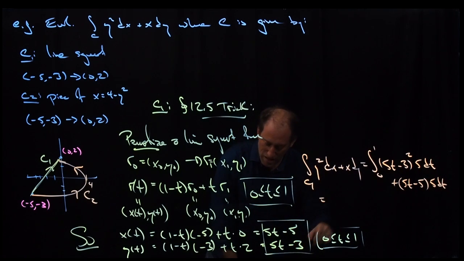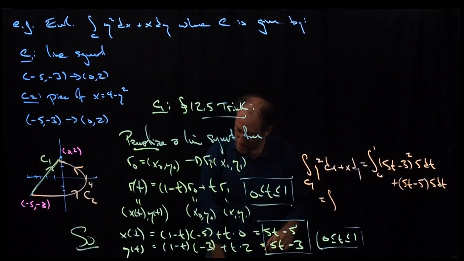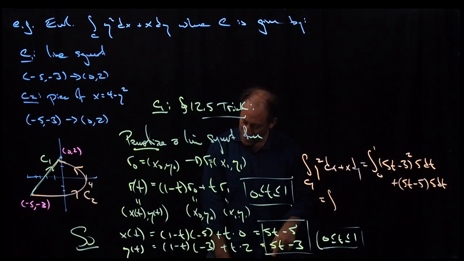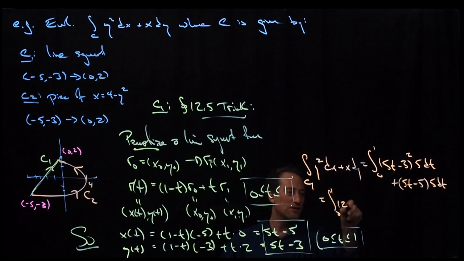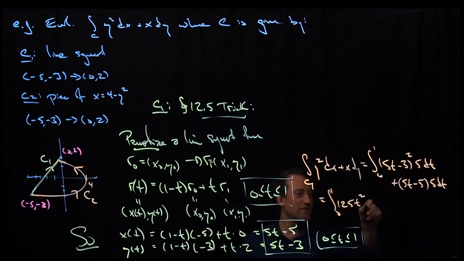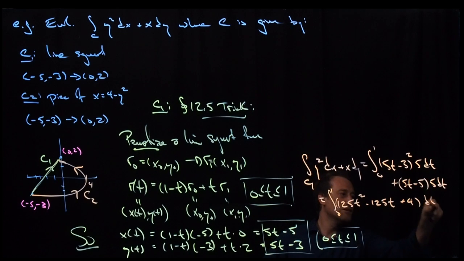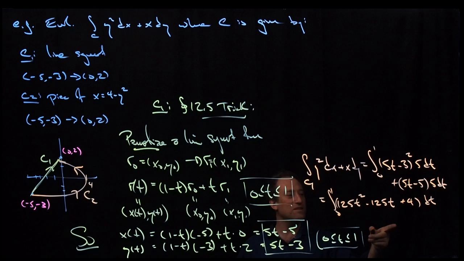This cleans up as the integral from, let's see, 0 to 1. I guess I can pull a 5 out of this whole thing. No, I'll leave it as it is. 0 to 1 of 125t squared minus 125t, and then plus a 4 dt. This is a straight up Calc 1 type of integral. I have room, I guess, for one intermediate step.